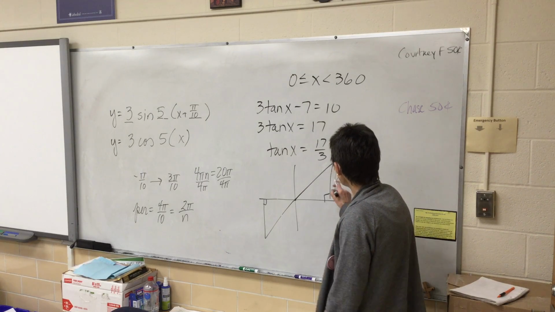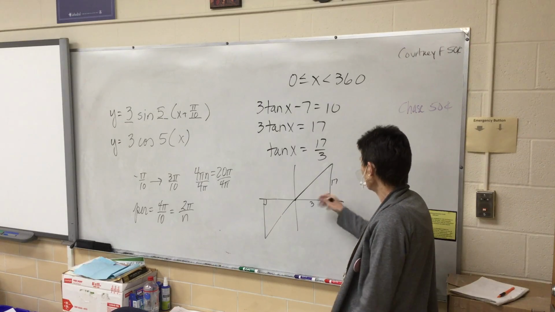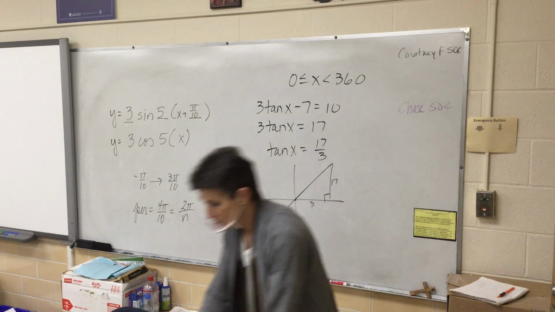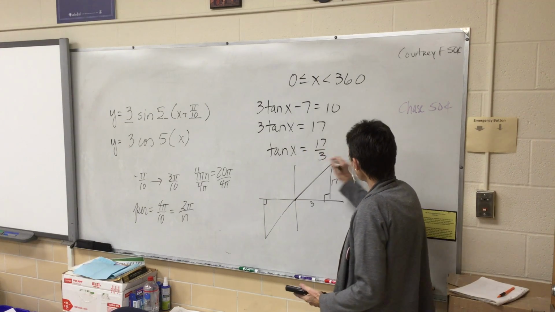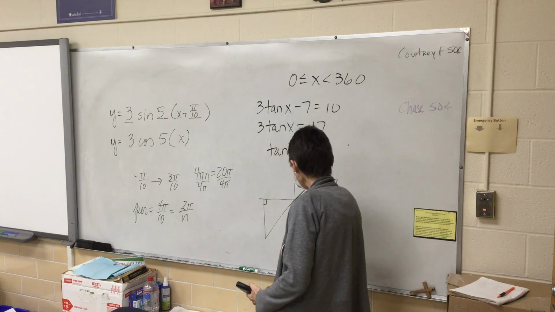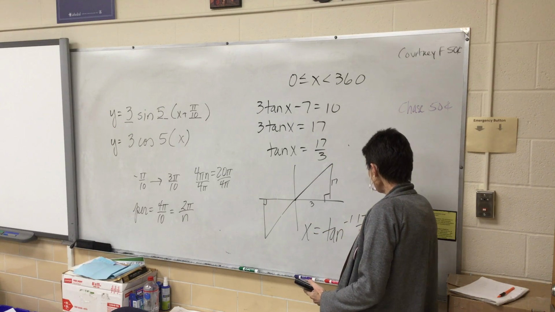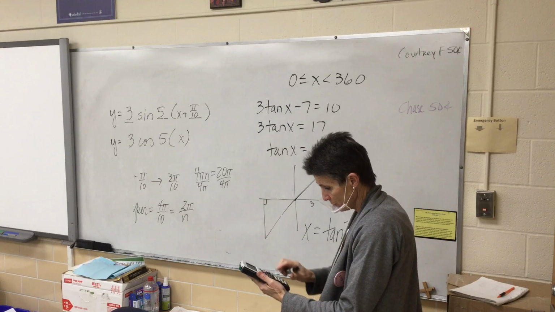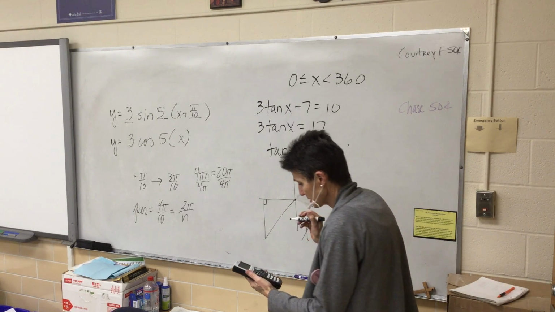Tangent happens to be positive in 1 and 3. Okay, I can go ahead and label this if I want, but it's not going to help me because I have no idea what that angle is. So how do I figure out an angle? What do I have to press on my calculator to get an angle? Second tangent, 17/3. Please make sure you are in degrees, because that's what the directions say.